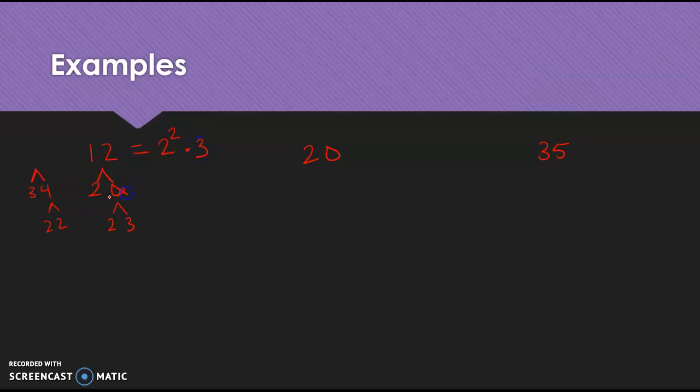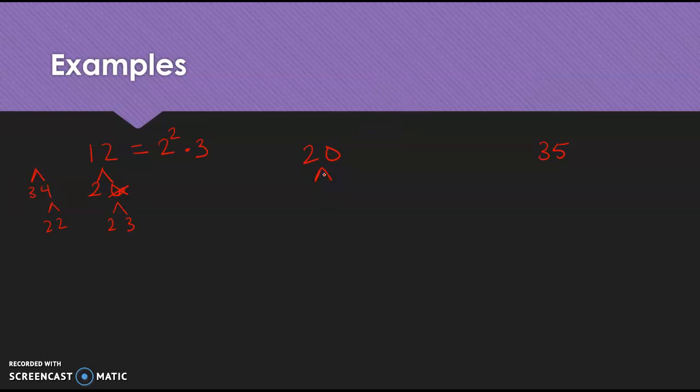The 6 is no longer part of it because of the 2 times the 3 that it became. The 6 still exists, but in smaller numbers. So this is our prime factorization. Even if we did 3 and 4, we still come up with 2 squared times 3. So it doesn't matter the number we choose.